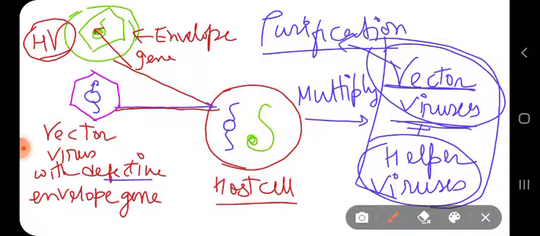It will multiply, and after we get millions and millions of copies of that vector virus having our gene of interest inserted, we will purify them to separate them from the helper virus. Okay.